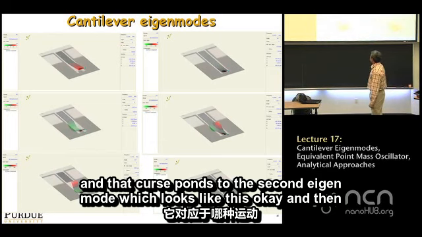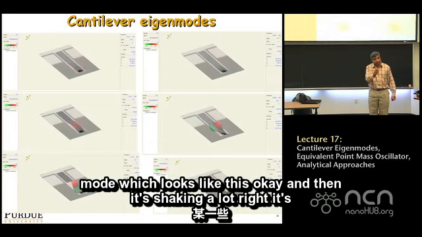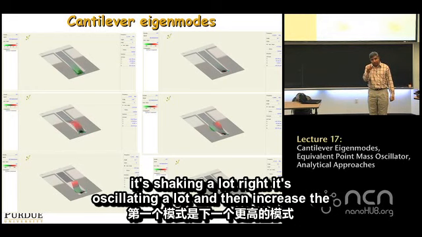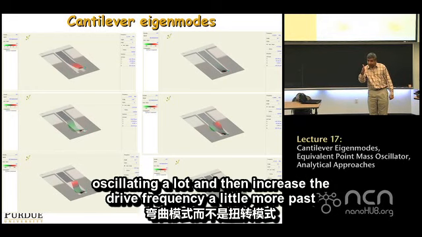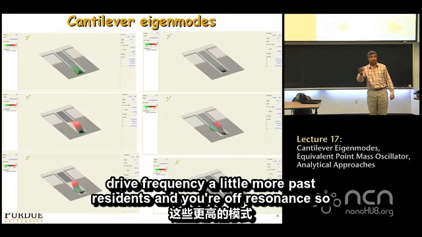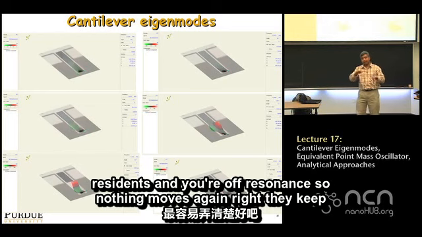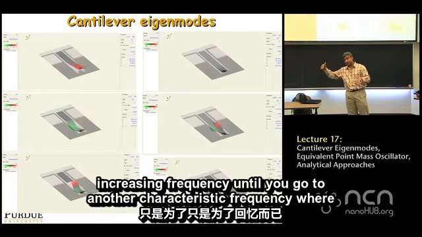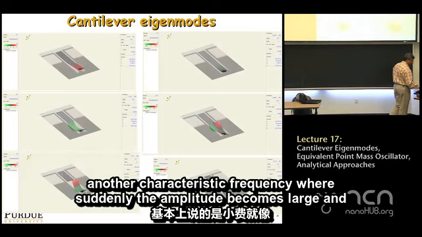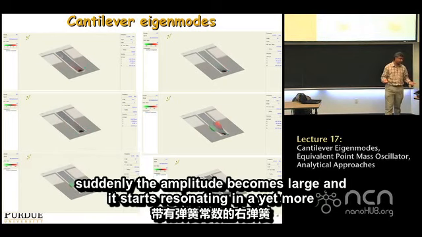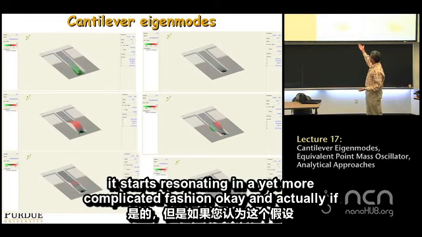Okay? And then it's shaking a lot, right? It's oscillating a lot. And then you increase the drive frequency a little more past resonance, and you're off resonance, so nothing moves again, right? And you keep increasing frequency until you go to another characteristic frequency where suddenly the amplitude becomes large and it starts resonating in a yet more complicated fashion.